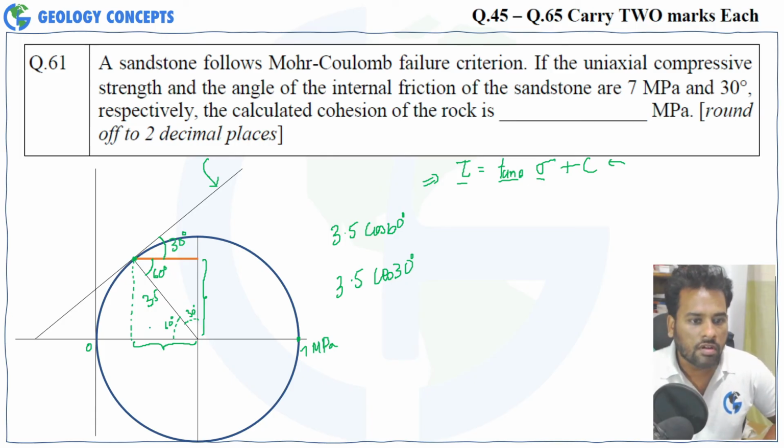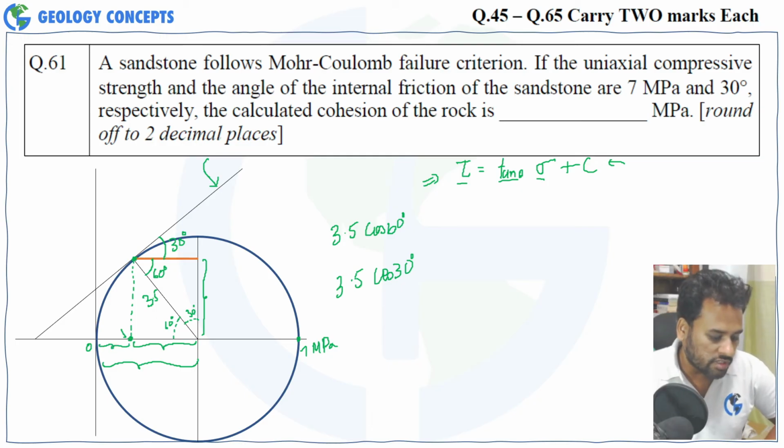Now I need this point, right? This whole thing is 3.5. If I subtract this length from 3.5, I'll get this length actually. This is what I'm interested in, right?